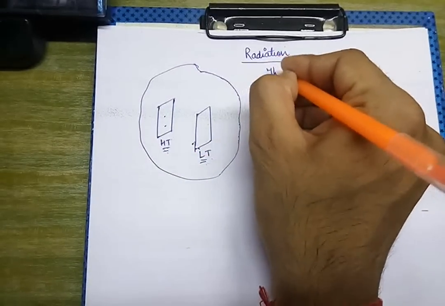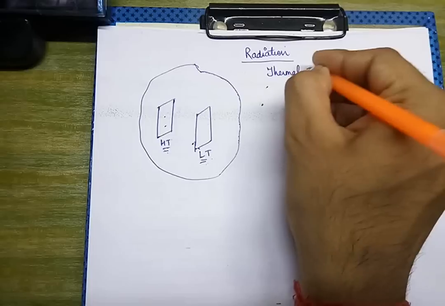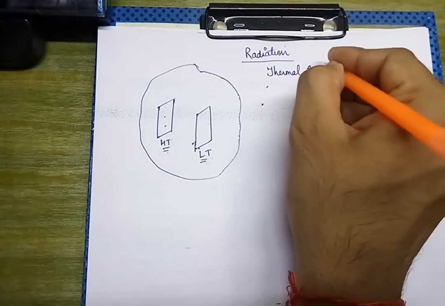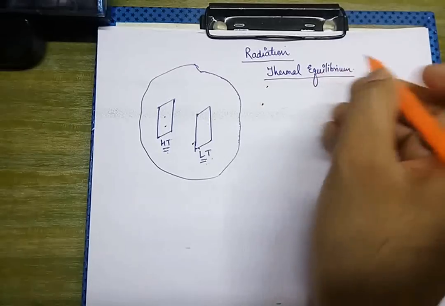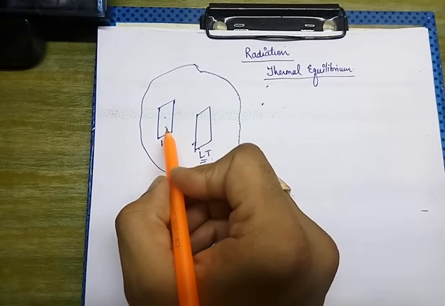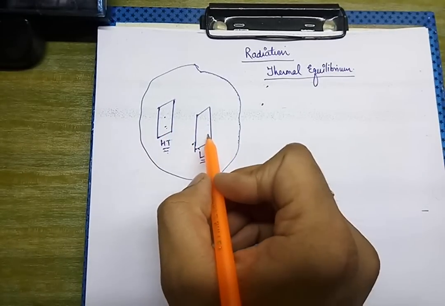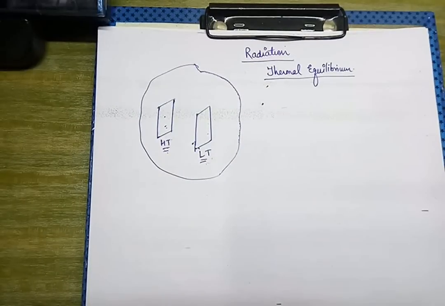Now since we have both the bodies in thermal equilibrium, we can say that some energy would have definitely left the high temperature plate and reached the low temperature plate.